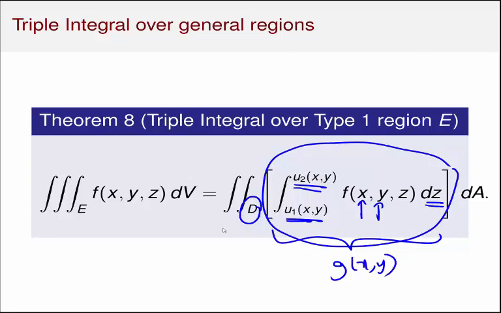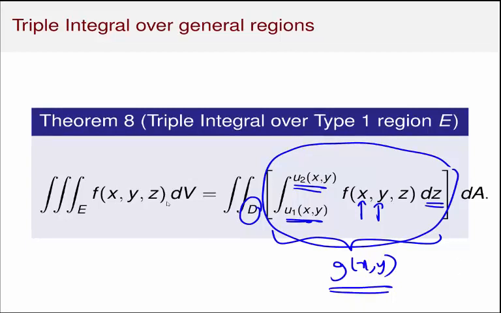And then we'll have a double integral of this function over the projection D. Well, this makes sense because D is a region on the xy plane and the integrand is some function of x and y. Okay. Depending on how we describe the region D, this can be further evaluated by turning it into a sequence of iterated integrals. But we already know how to do that from previous study.